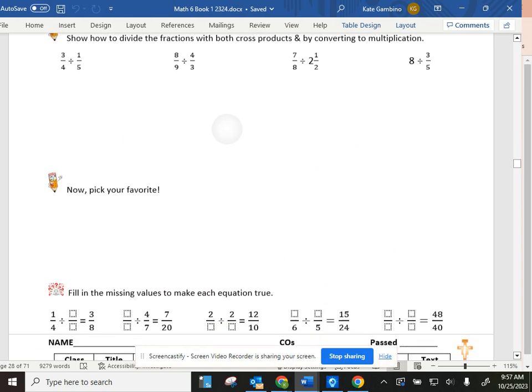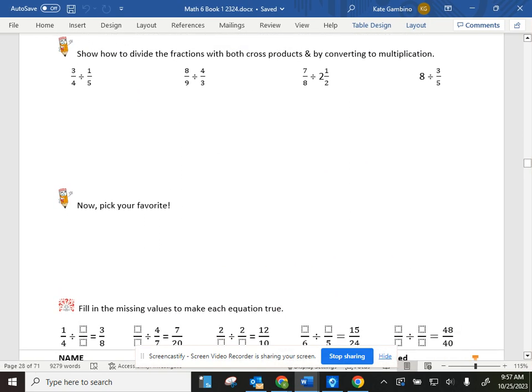Now it says, show how to divide the fractions with both cross products and converting to multiplication. So just like we did up top, if I'm going to do my converting to multiplication, I've got 3/4, dividing flips to multiplying, my second fraction flips to the reciprocal, and I'm going to multiply straight across. 3 times 5 is 15, 4 times 1 is 4.